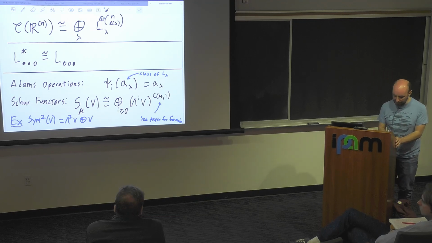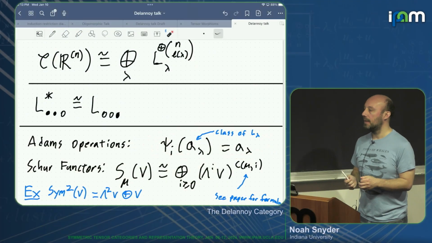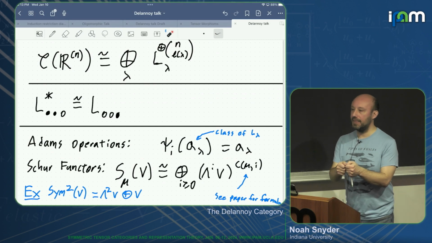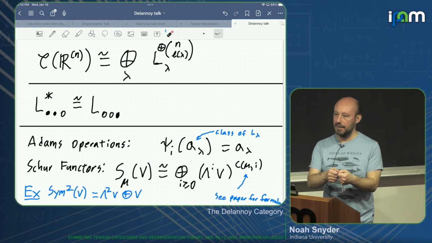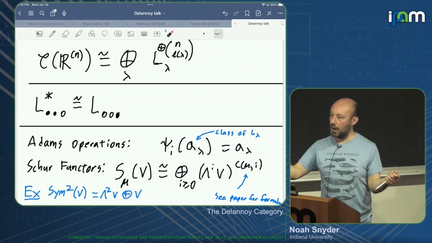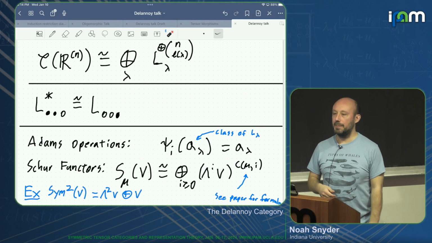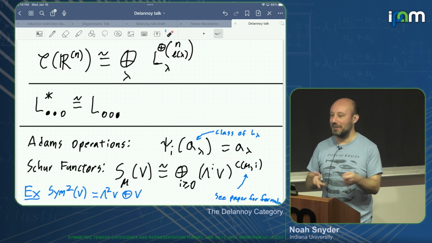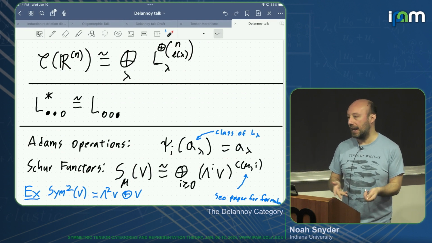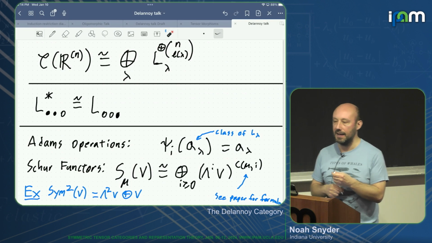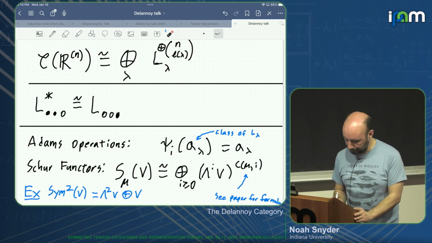So the interesting thing is that Adams operations are trivial. Morally, this is the fact that if I take a generic automorphism of R and I raise it to any power, it's conjugate to itself. But that's not true for all automorphisms. There may be some special ones. So that's not how we prove this fact, but morally, that's what's going on.